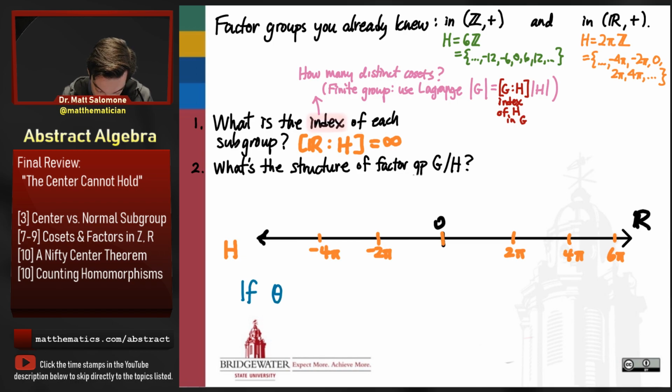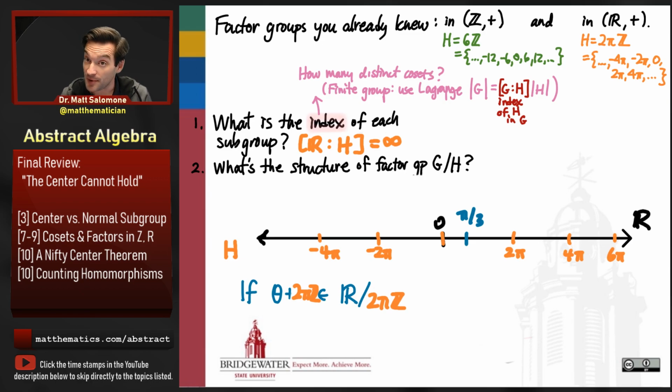If theta belongs to the factor group R mod H. Well, remember, in the factor group, the elements are cosets of H. And so rather than writing it as theta, I'm going to write it as theta plus H. And then remind myself that H is really the set of multiples of 2 pi, so 2 pi Z. So really, my elements look like theta plus 2 pi Z. So then, what are we talking about here? If you give me a number like, I don't know, pi over 3.